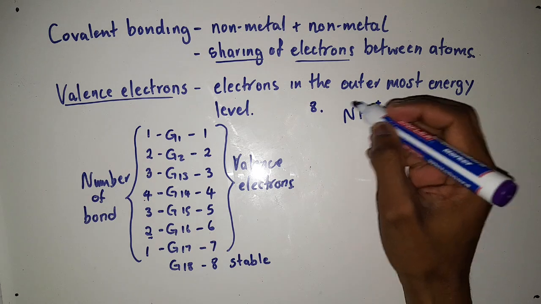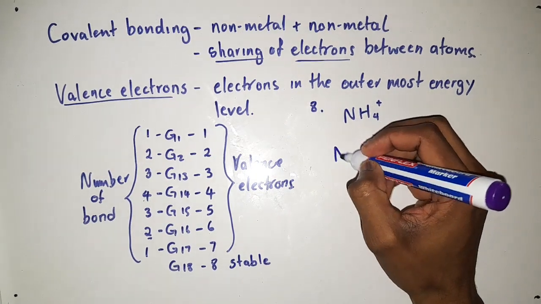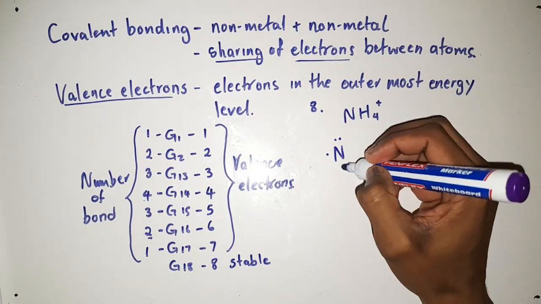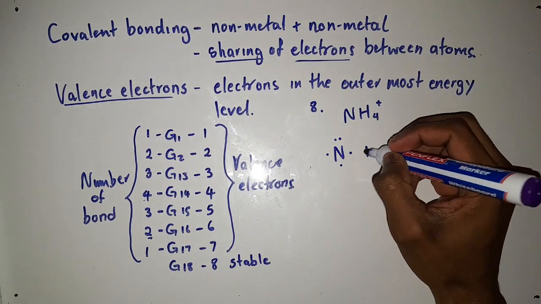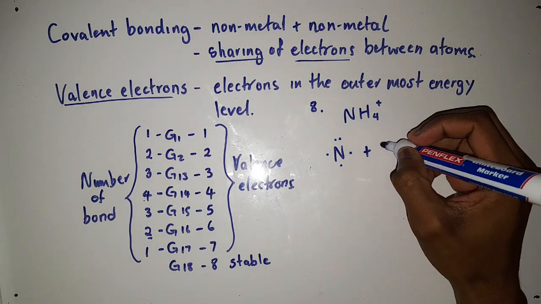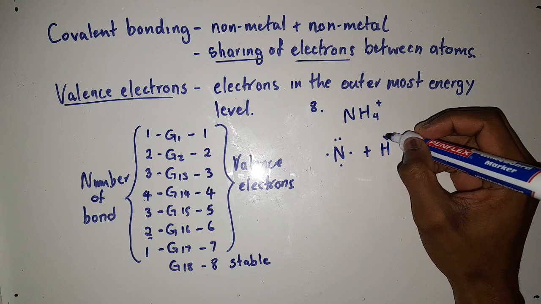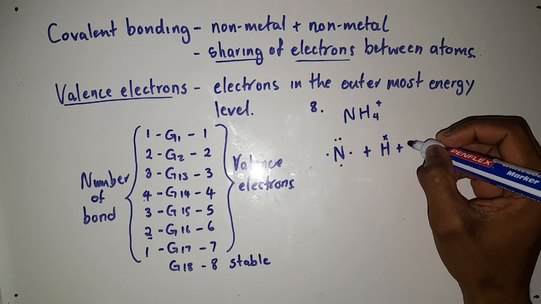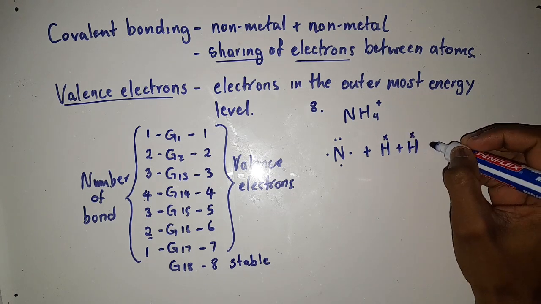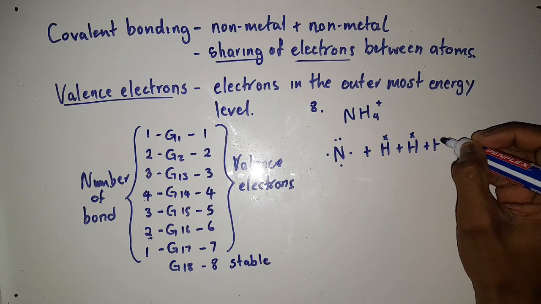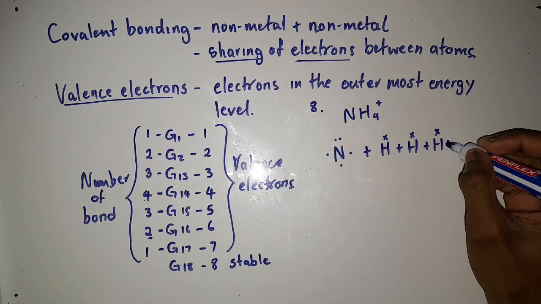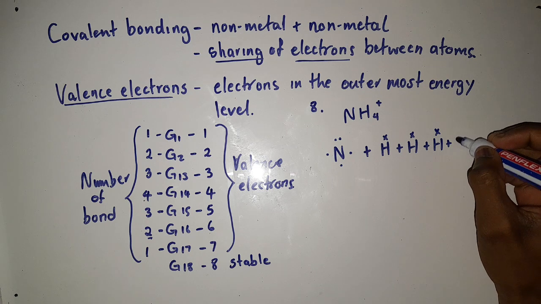We know that nitrogen has 5 valence electrons like this. Then we have 4 H's plus. This is a special case.